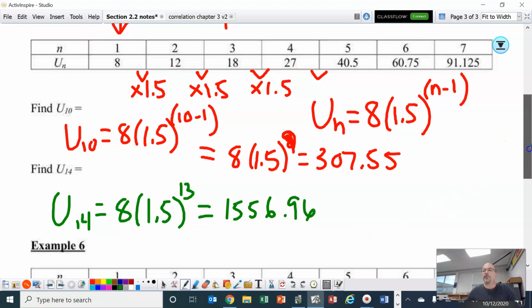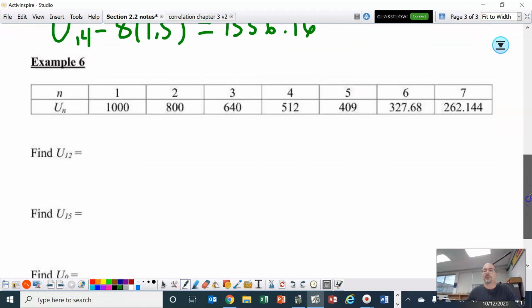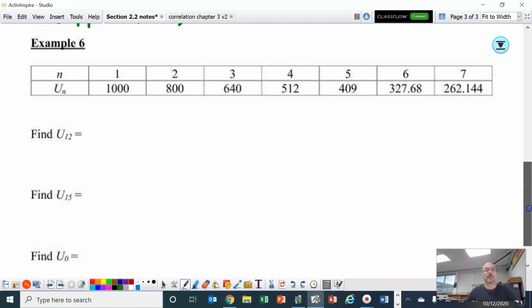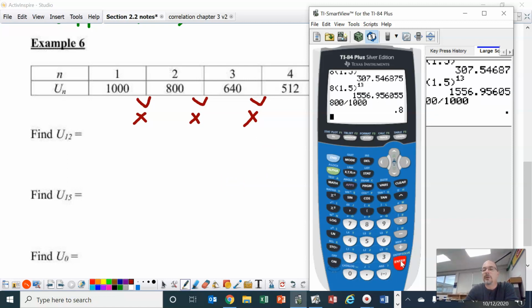All right, moving on. Just one more, folks. This video is going to be much shorter. What's the pattern here? What are we multiplying by? Well, looks like I'm going to have to use my handy dandy calculator. Again, I'm going to take the 800 and divide it by the number in front, and I get 0.8.